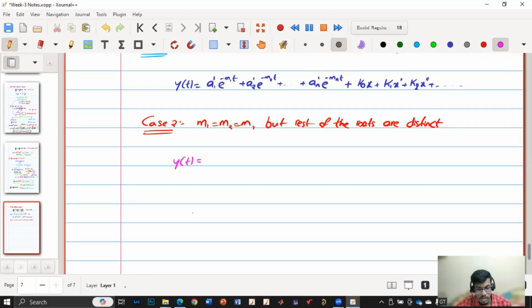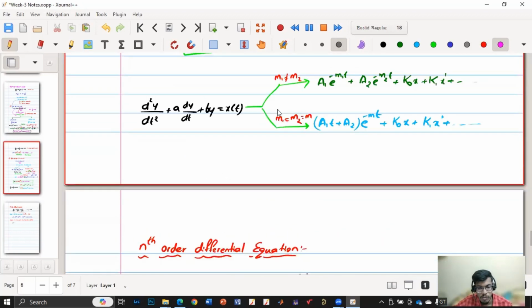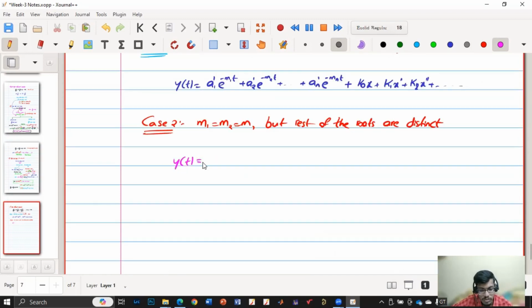It is something similar to this. If both are equal, only this part will not be identical. Instead, it will be combined, and the rest of the parts are the same. So, any guesses what it could be? At plus b, multiplied by e to the power minus m1t, plus a2.